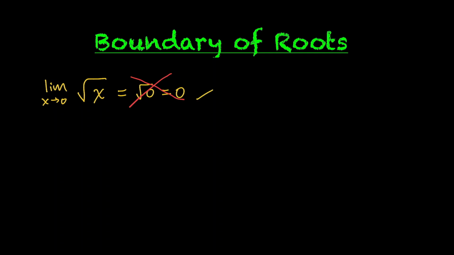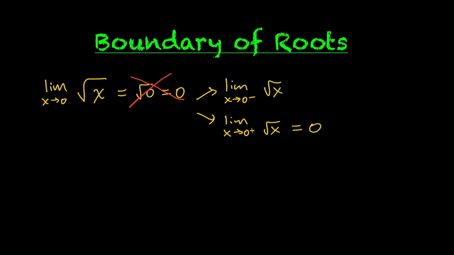And the reason for that is that remember that limits are two-sided, and if we approach 0 from the left and we approach 0 from the right, we should get the same answer. But on this one, as you approach it from the right, you plug in numbers like 0.1, 0.01, 0.001, we'll get square root of things that are getting closer and closer to 0.